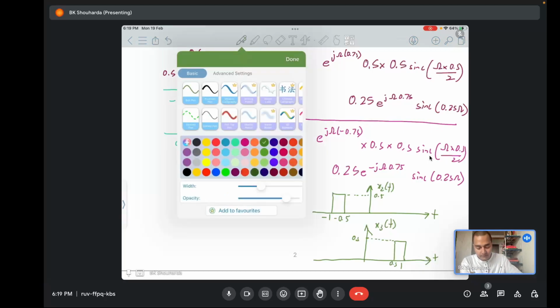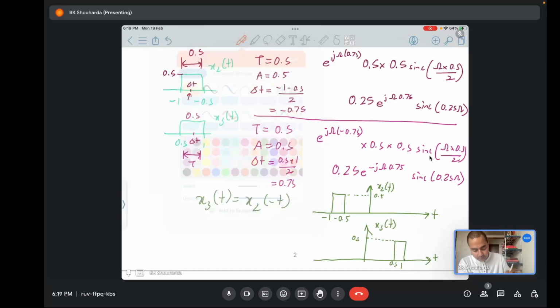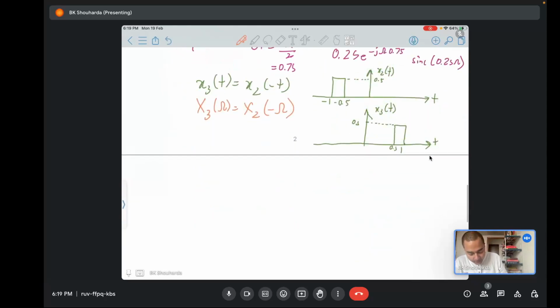And what property will we use? We will use x3 of omega is x2 of minus omega. And what is the main property behind this?